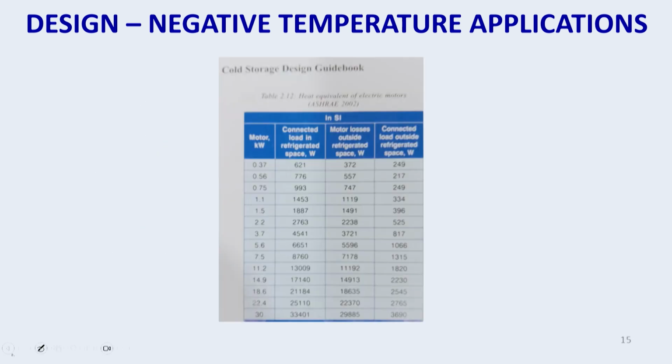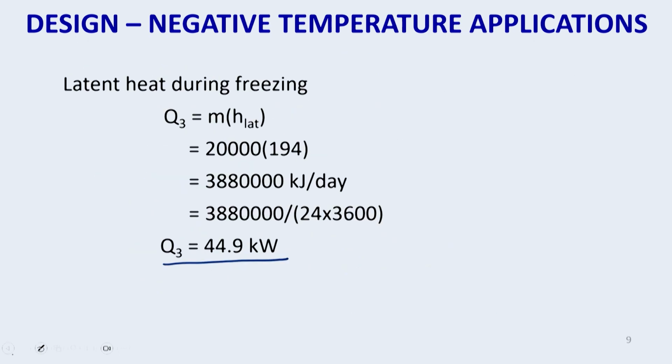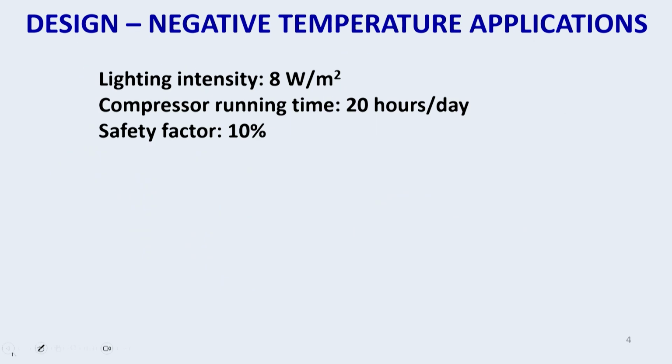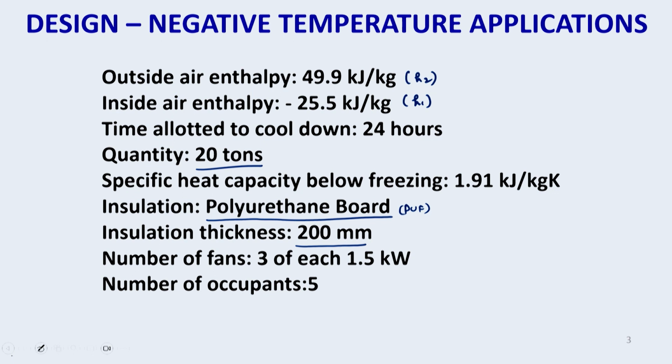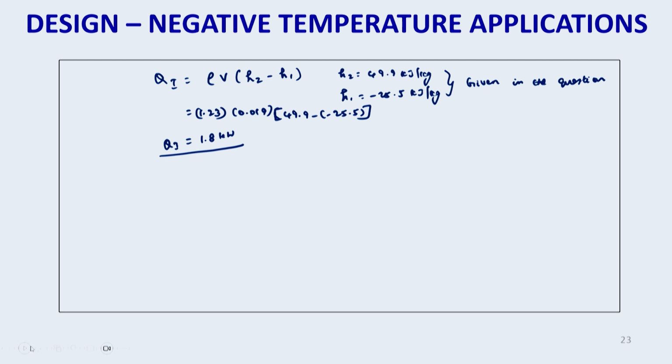Next, we have to calculate the equipment load. Let us see the question. How many fans are in operation? Number of fans: 3 fans of 1.5 kilowatt each. The fourth one is the equipment load, QF: number of fans multiplied by the connected load in the refrigerated space.